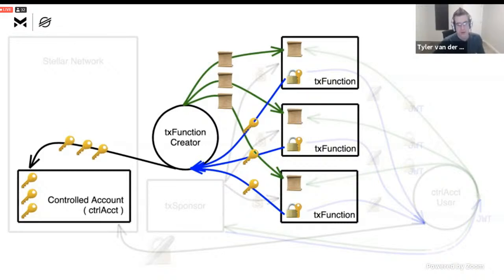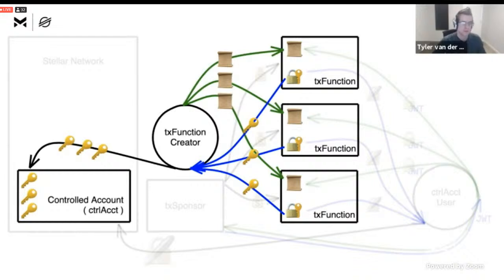Each one of those Turing signing servers will send back a key, and they will come back from the request that was made when you uploaded the contract. The response will be a key, and then those will be added to the controlled account in a multi-sig scenario. So let's say, in this case, I want all 3 Turing signing servers to be signers.